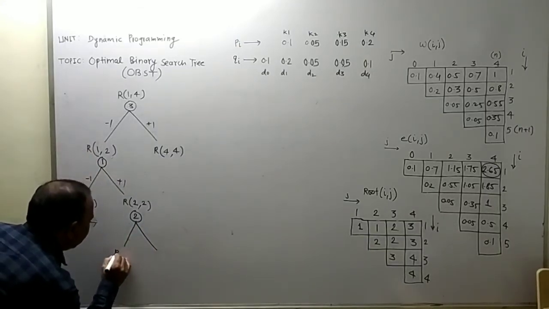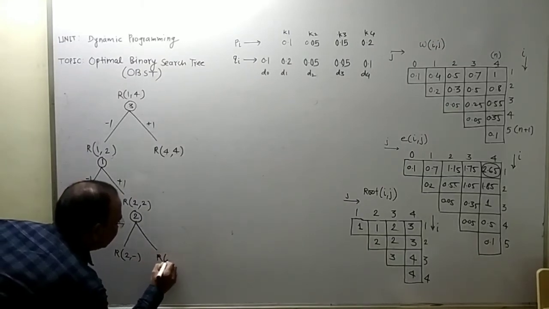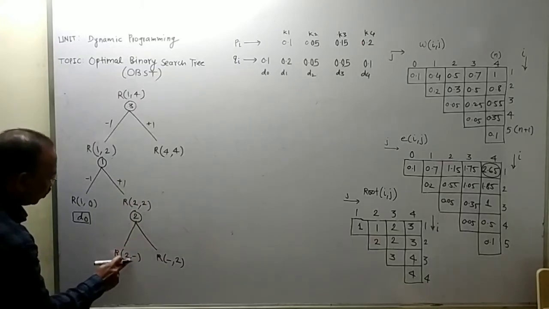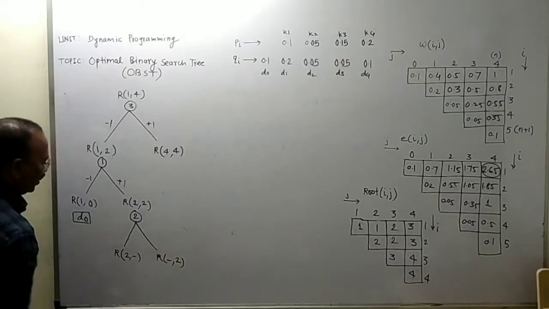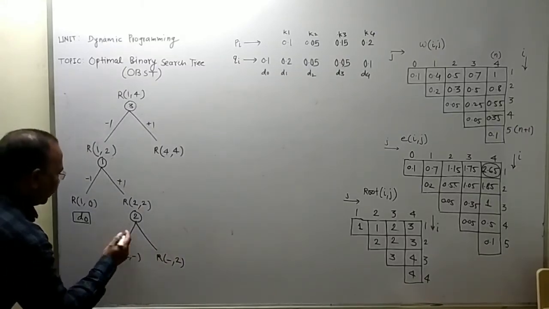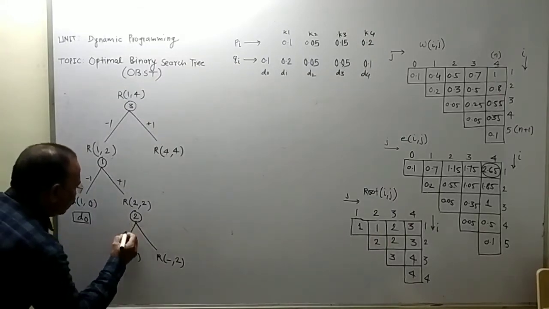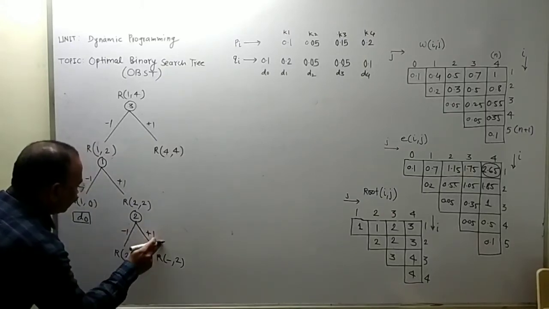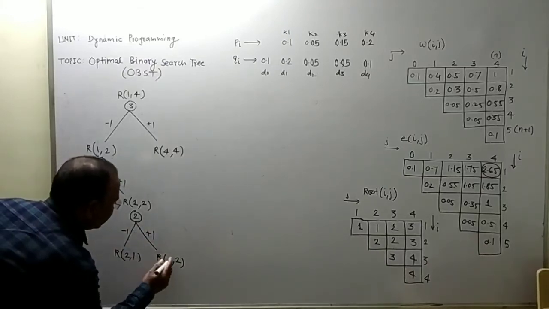Here I write R2 comma dash, R dash comma 2. Then what will be the value for these positions? Here on this side subtract 1 from 2, that is 2 minus 1, and 2 plus 1. 2 minus 1 is 1, 2 plus 1 is 3.